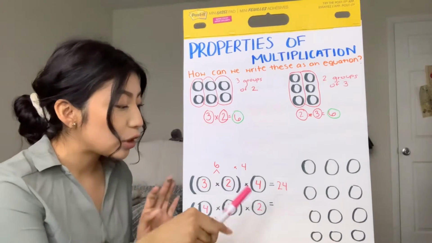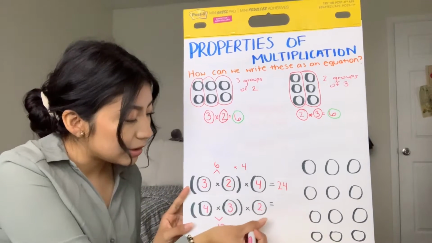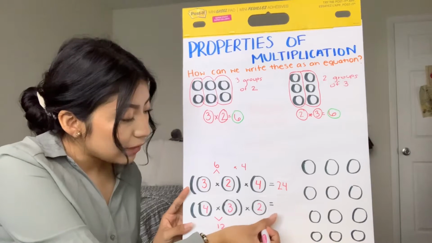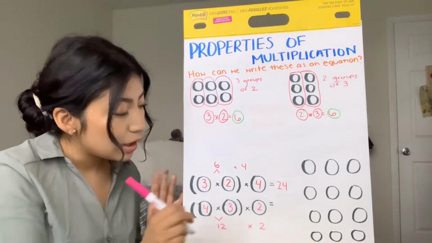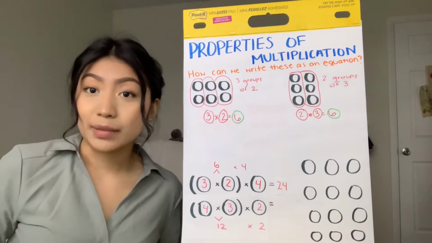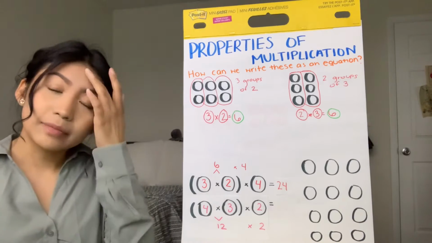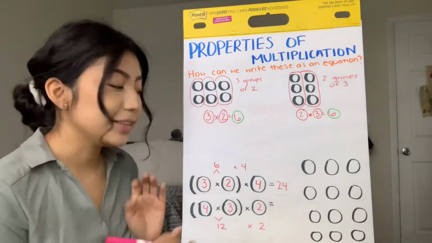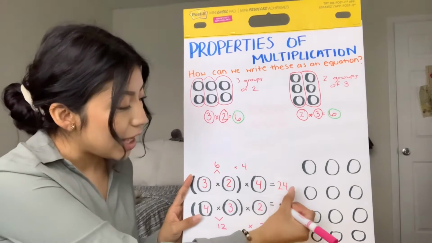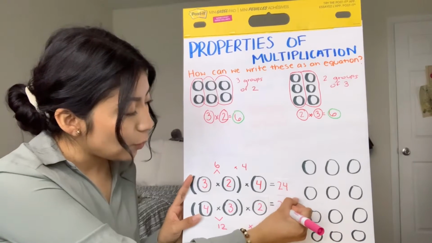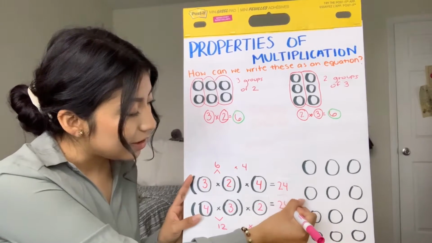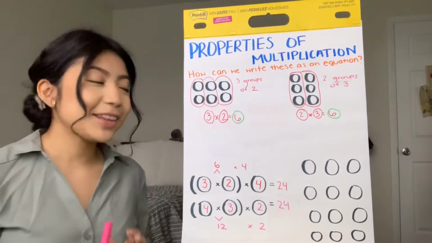So remember, we start with parentheses first, okay? So we're going to do 4 times 3. So what is 4 times 3? 12. Yes, good job. Okay. And now we're going to go to our last bubble outside the parentheses and bring down that 2. So what is 12 times 2? 12 is a pretty big number. Yes, it's also 24. Wow, look at that.